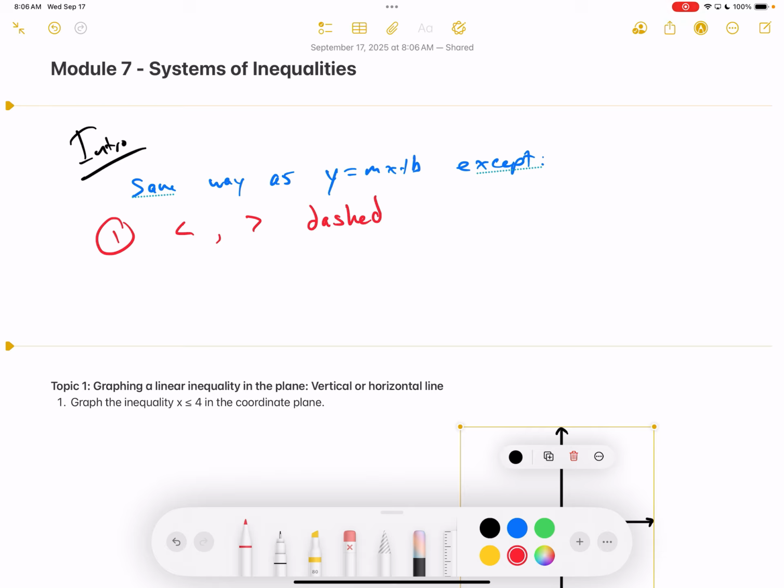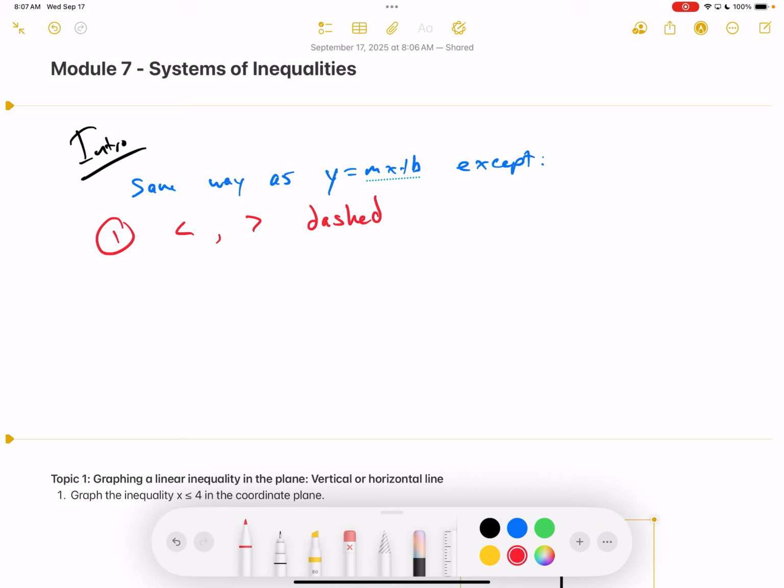This signifies that it cannot equal that. When you have a line, that's all the points it can be, so if it's dashed, a point on that line will not work. And if it's less than or equal to or greater than or equal to, you do a solid line, because it can equal it.